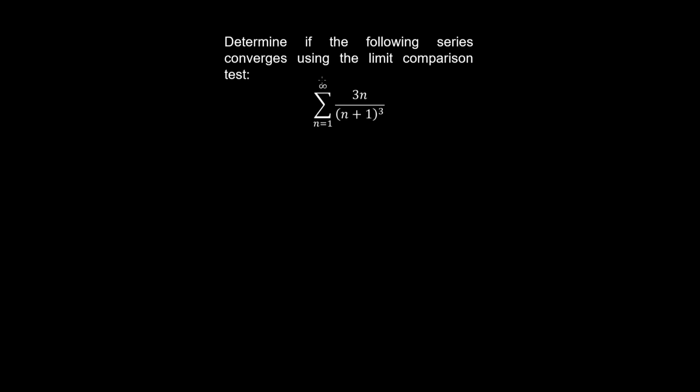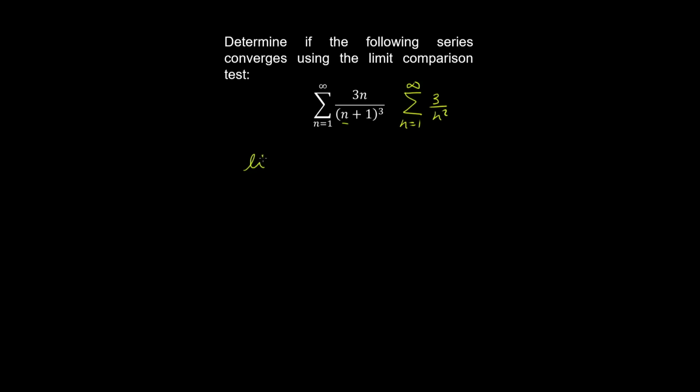Let's determine if the following series converges using the limit comparison test. And this test is good to use when we have a rational polynomial. Now for a large n, the n cubed term will dominate in the denominator, so we can choose the following series to compare against. So we have 3n on n cubed, which is 3 on n squared.